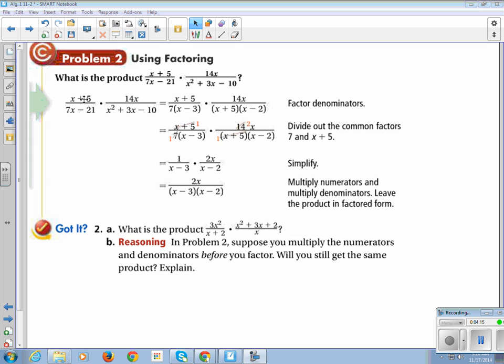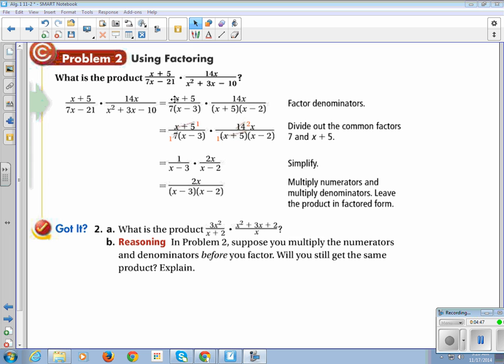And once again, you can use what's in the opposite numerator or denominator. So I'm in the denominator, so I'm going to look at my numerator. If I want stuff to cancel out, I have to have something that's an x plus 5. So in fact, one of the factors of x squared plus 3x minus 10 is x plus 5. So two numbers that multiply to give you negative 10 and add to give you 3 are 5 and negative 2.